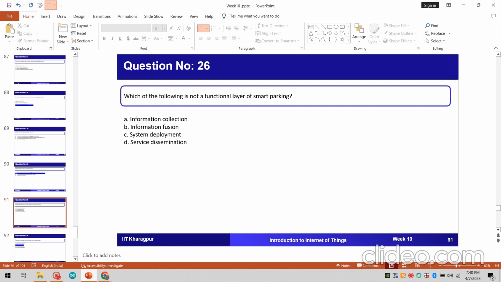Next question is, which of the following is not a functional layer of smart parking? Options are information collection, information fusion, system deployment, service dissemination. B. D, service dissemination.